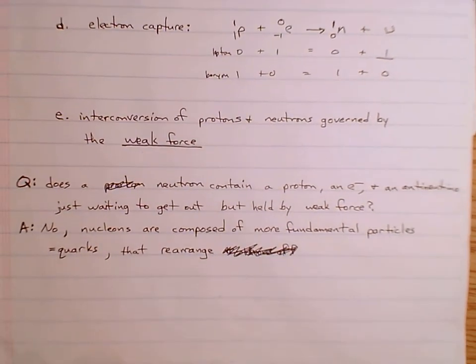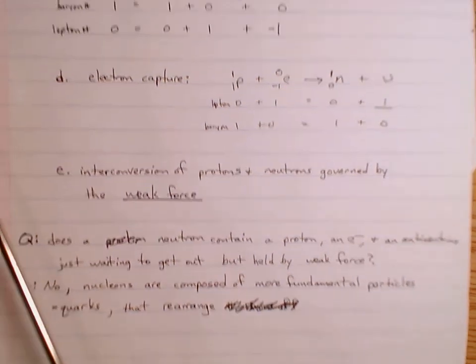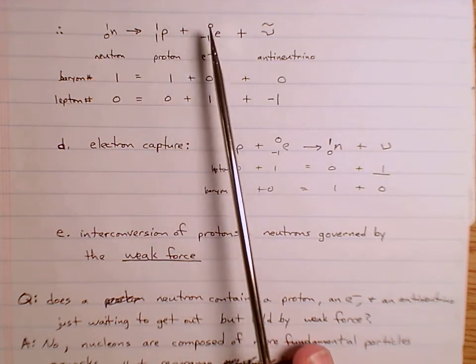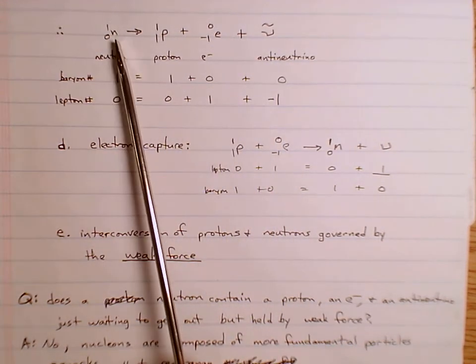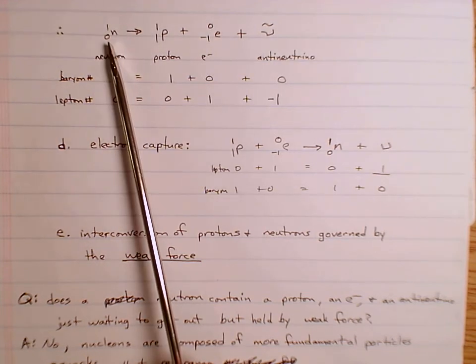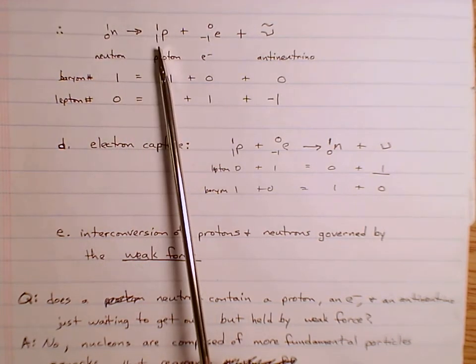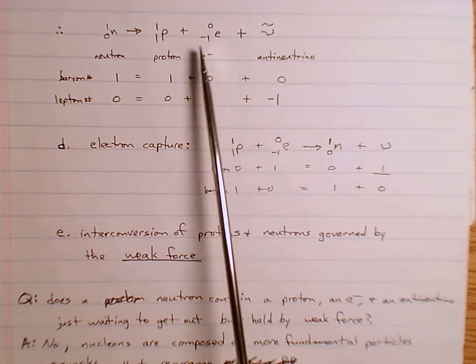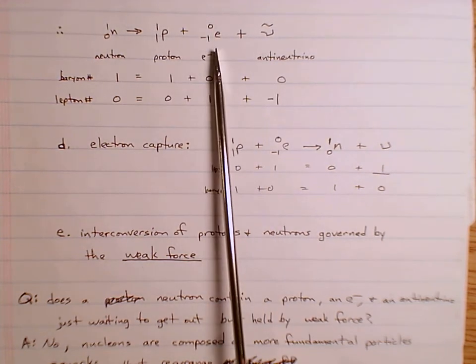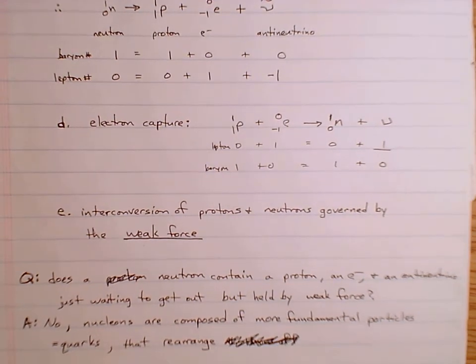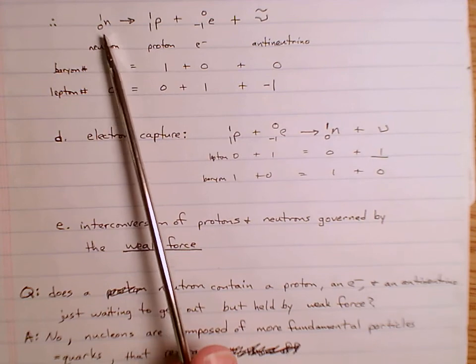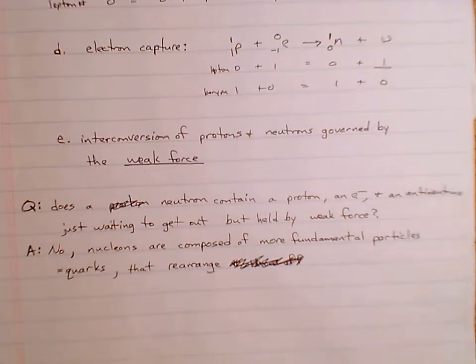No. A neutron is not a proton and an electron and an antineutrino all balled up together. A neutron is its own particle. It's just when it converts itself into a proton, these 2 other particles are made. An electron, a beta particle, is made and it's given off. An antineutrino is made and it is given off. But there was no original antineutrino just sitting in here.